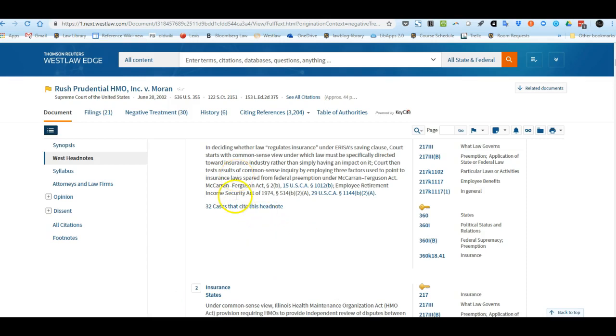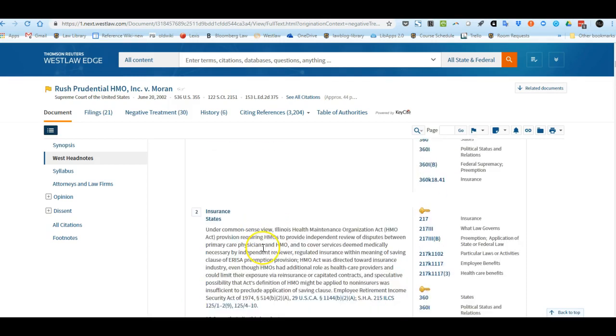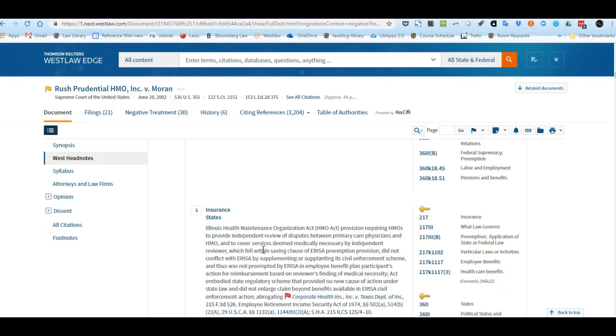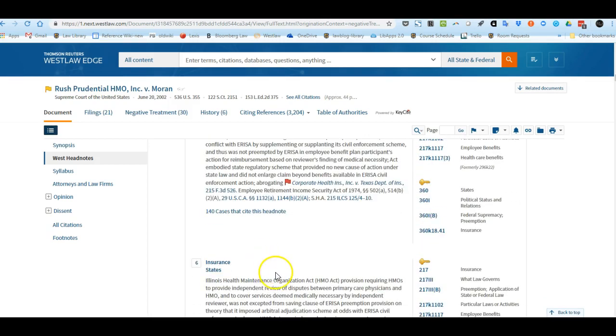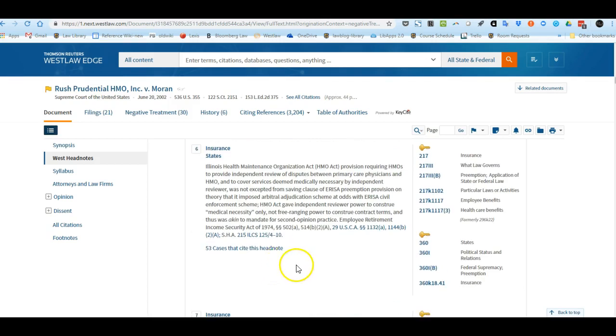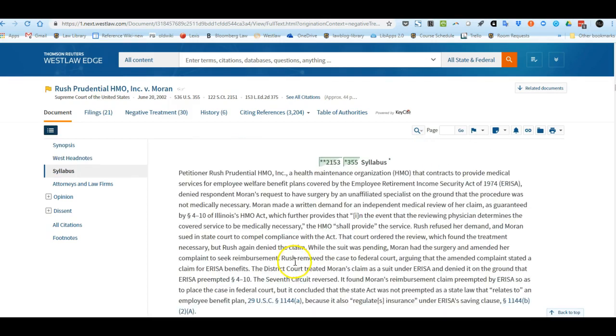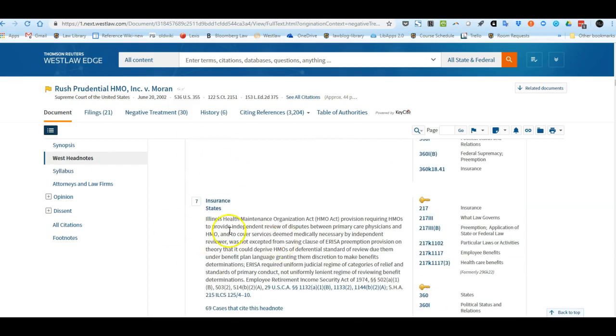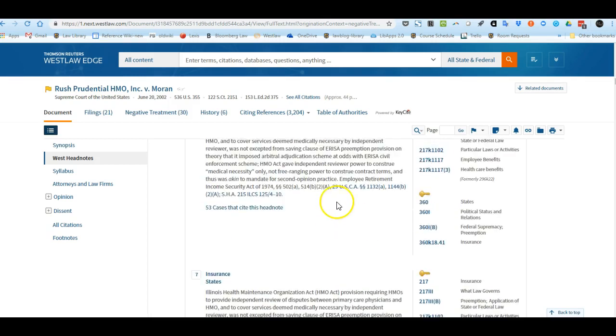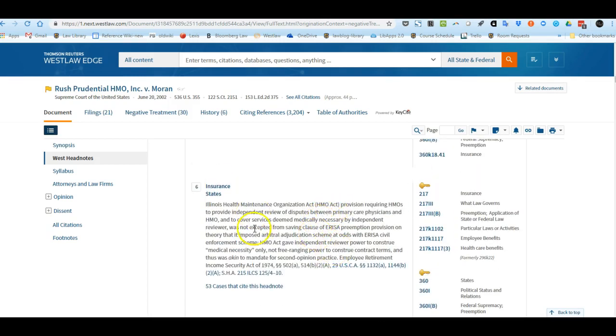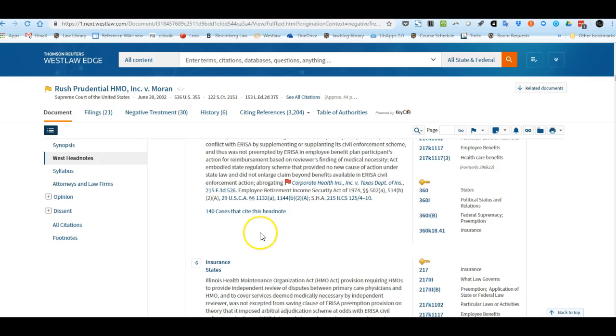So if we know what headnote we're interested in, just as we found the GPS positioning headnote in the video, and we decide, oh, this is a great headnote for us, it discusses our issue in Rush Prudential, I can go to other cases that cite that headnote and again limit by jurisdiction and do all the things we did on Shepard's. So that's one research function that Westlaw provides for us, just as Lexis does in the headnotes.